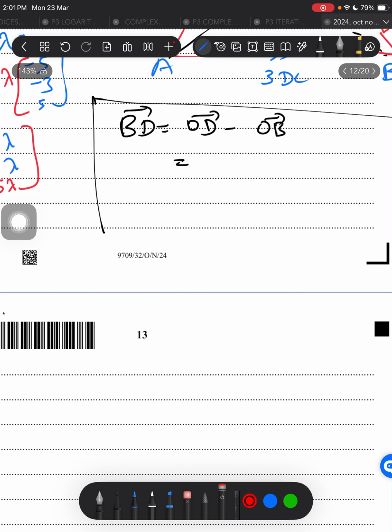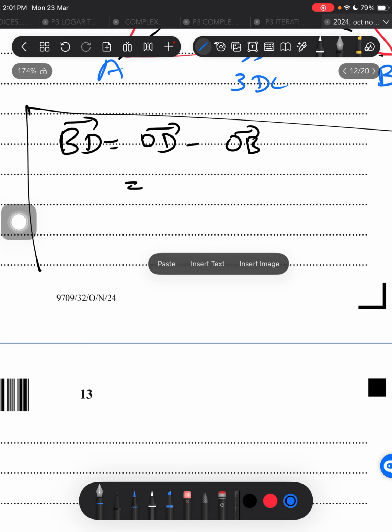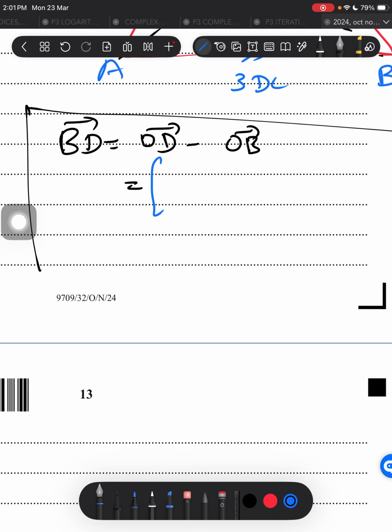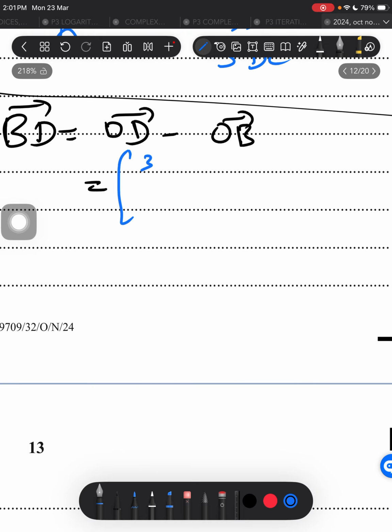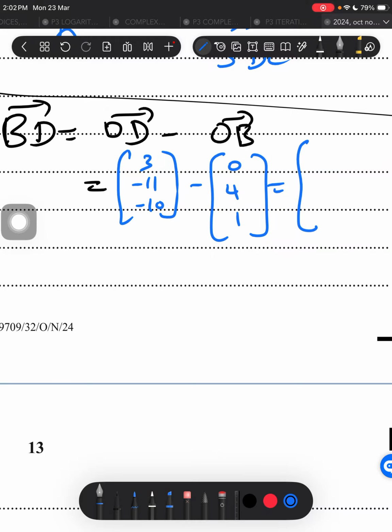So OD is simply 3, minus 11, minus 10. OB was 0, 4, 1, and this gives a resultant of 3 minus 0 is just 3, and minus 11 minus 4 would give us minus 15, and minus 11.